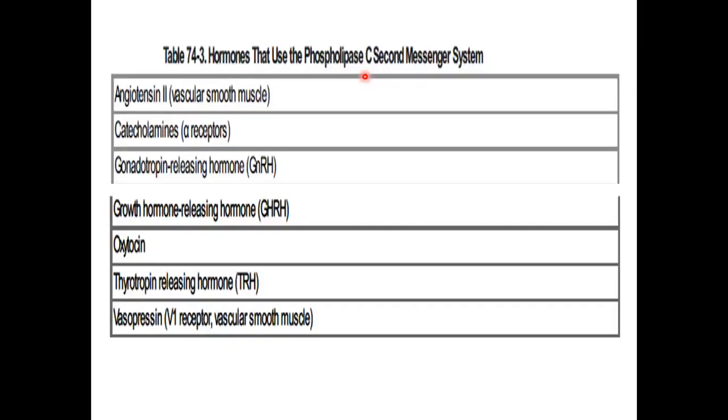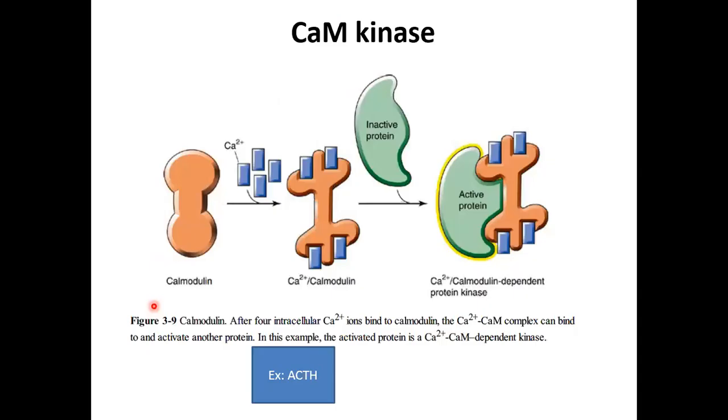Okay, so examples of hormones which act through the phospholipase C second messenger system: angiotensin 2, catecholamines, gonadotropin releasing hormone, growth hormone releasing hormone, oxytocin, thyrotropin releasing hormone, and vasopressin.